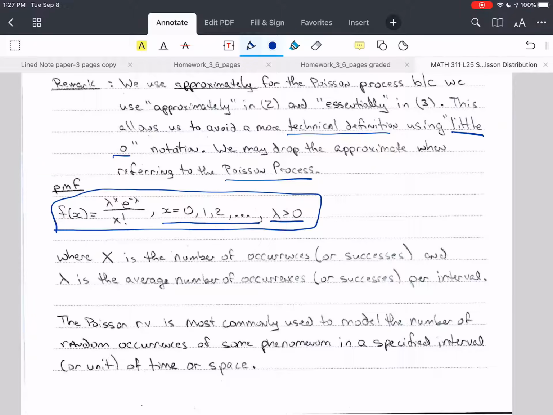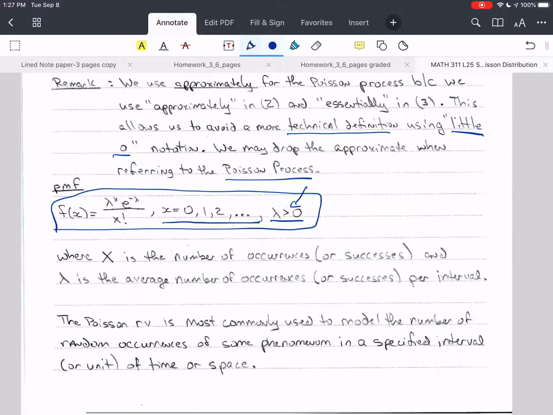So when you're giving the Poisson distribution, the PMF, you need to give all of this. Once you plug in a value for lambda, you don't need this anymore, because we've already defined lambda, so we're really just worried about what we don't know, which would be what x could be.